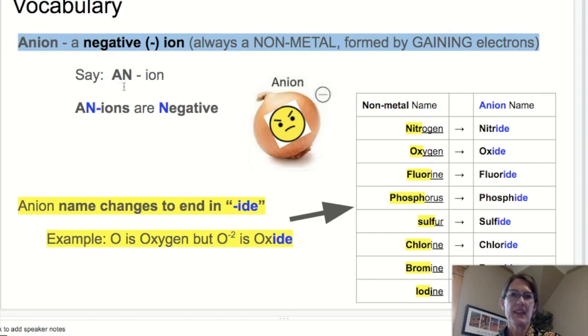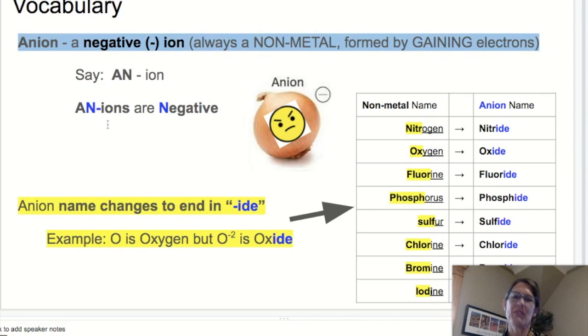And we say the word like that, anion, very strong anion. And it looks like the word onion, and onions, some people, it makes you cry. So the word anion, looking like the word onion, can kind of help us remember that's the negative one.